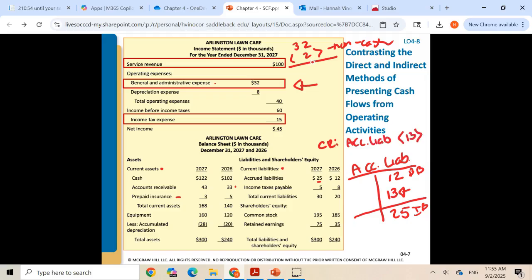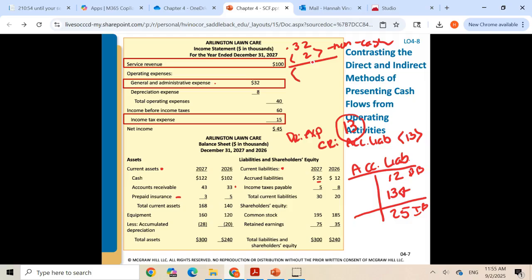And what's my debit? My debit would have had to be some sort of expense, whether it's salaries expense, utilities expense, it doesn't matter. It was a debit, increasing my expense by 13. So we know that this increase in accrued liability hit an expense. There is no cash involved in that. And this expense, this $13, is also included in this 32.